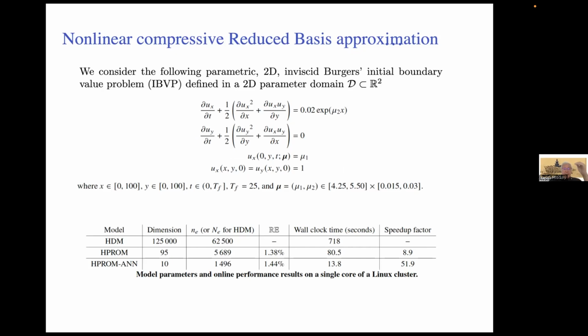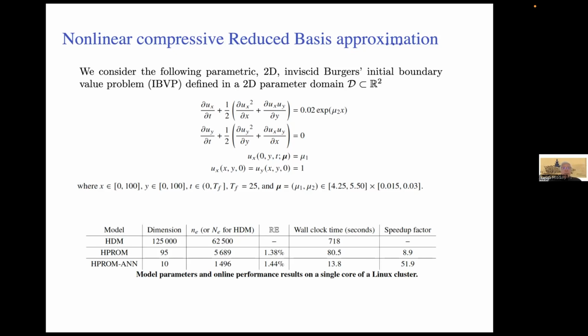And we need mesh points in order to evaluate the nonlinearities, about 6,000 points, and we obtain a wall clock time of 80, meaning a speed up factor of almost 9, and we get an accuracy of 1.38.